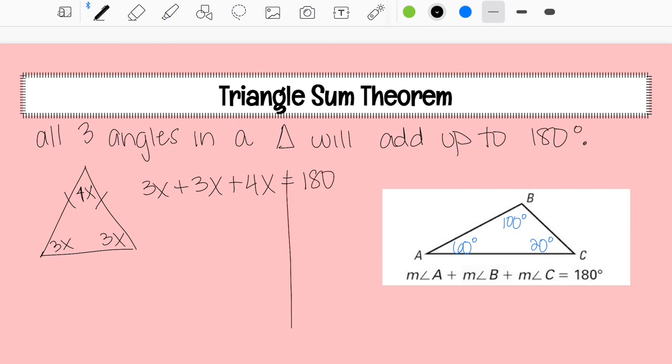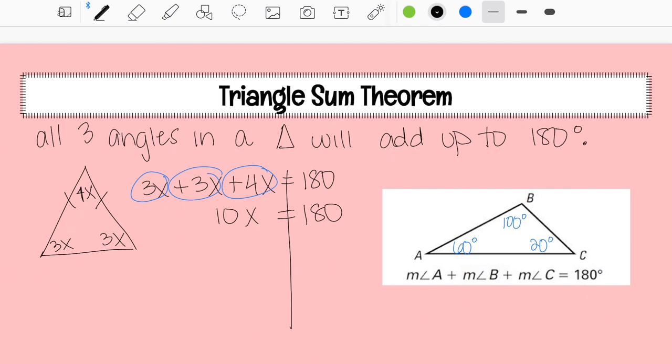When I draw my line, on the left-hand side, I see that I have like terms that I can combine. 3x, 3x, and 4x combines to make 10x, and that will still equal 180 because all I did on my left-hand side was simplify by combining like terms.